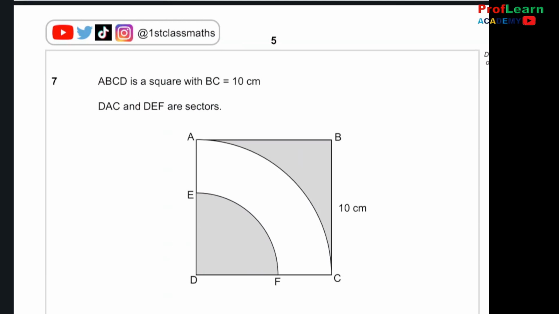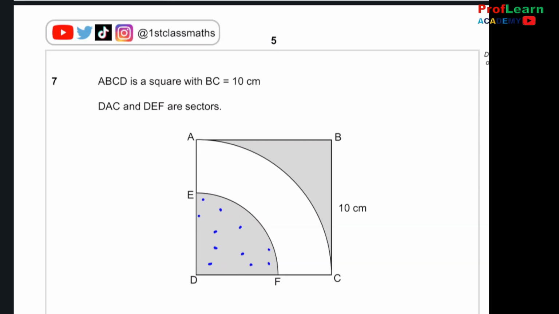Another question that you really need to know how to work out is working out area of circles, area of sectors, area of geometric shapes. And we are told that ABCD is a square with BC equal to 10 centimeters, DAC and DEF are sectors. Yes, so we're told DAC is a sector, DEF is also a sector.